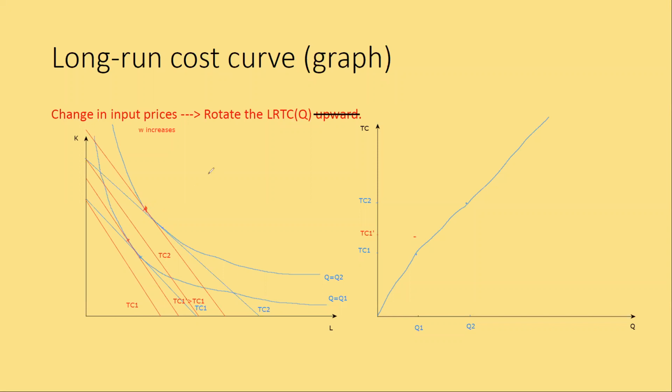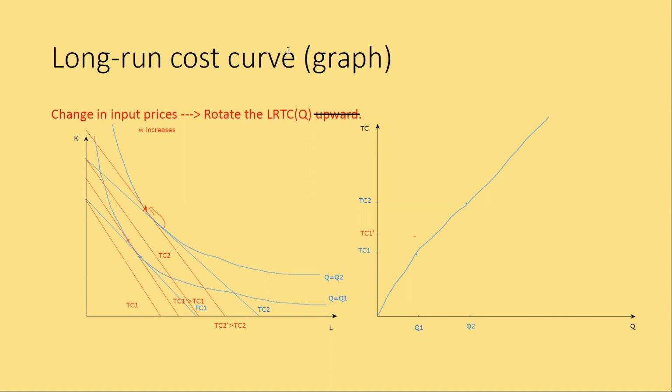And similarly, for the same reason, because labor becomes relatively more expensive to capital, the firm is substituting away some labor with capital. So the firm is moving from that point to the new point. And for this new line, we call this TC2 prime, because this is also higher than TC2. We know that TC2 prime must be larger than TC2.